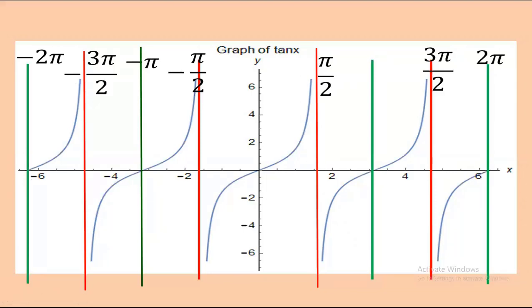We have to leave them out from the set of all real numbers. So what will be the domain? The set of all real numbers minus (2n minus 1) pi by 2. That is, all odd multiples of pi by 2 should be discarded from the set of all real numbers. That will be the domain.